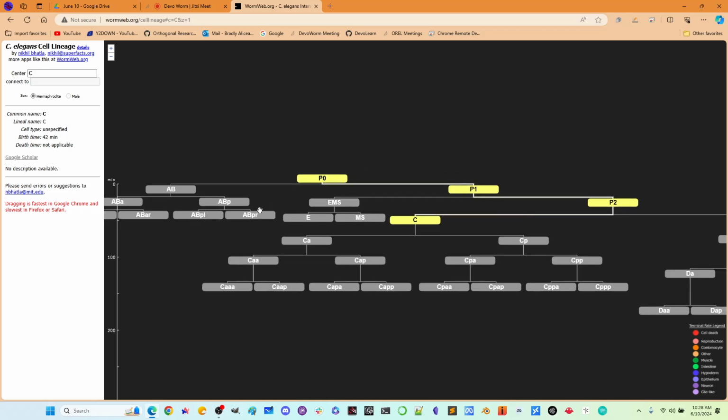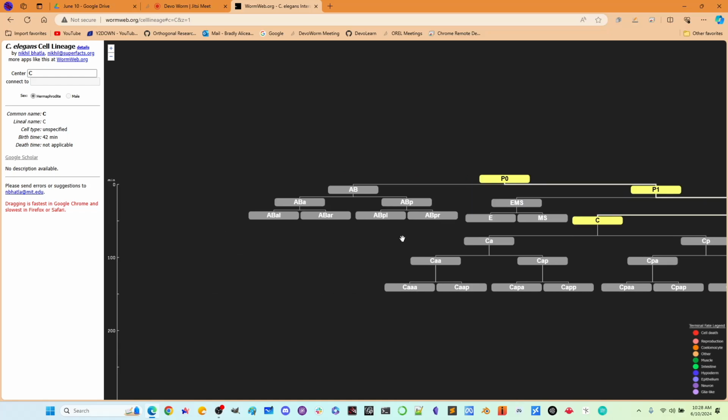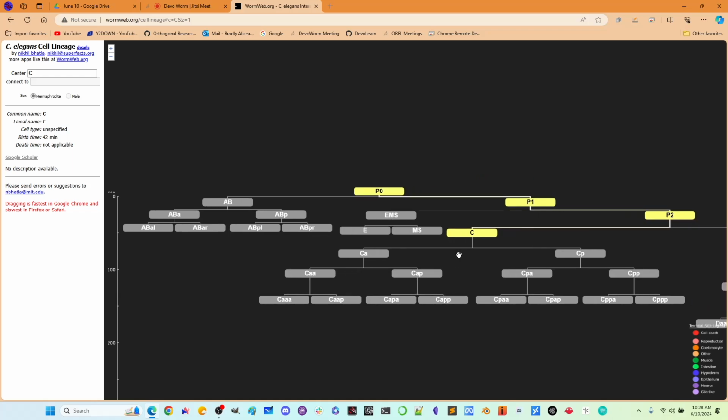So as you can tell, this is a visualization of data that exist in the public domain. One of the things I like about this resource is that you have all of the information about a cell on the left-hand side, so you can check your work. You have the birth time, and information about the death time. Now, C does not die, it divides into daughter cells, so it just transforms into a two-cell type.